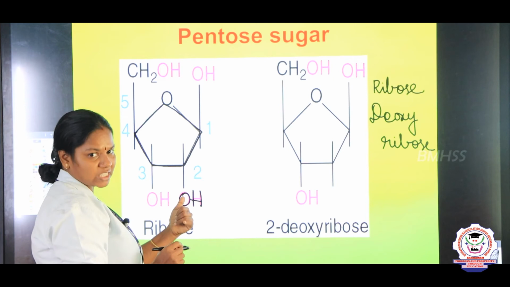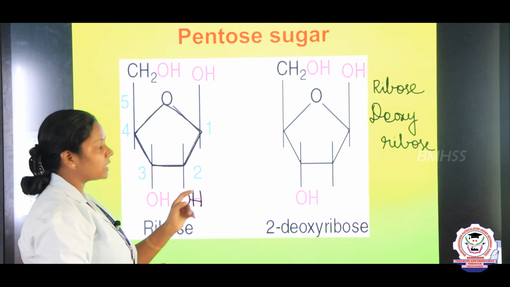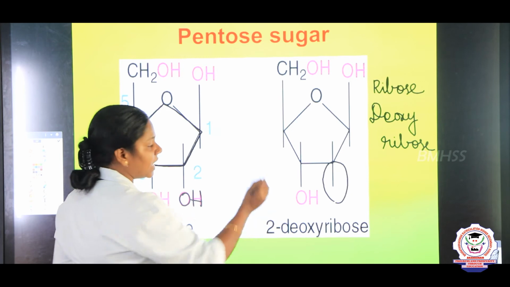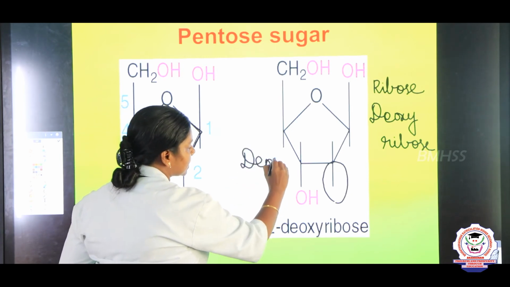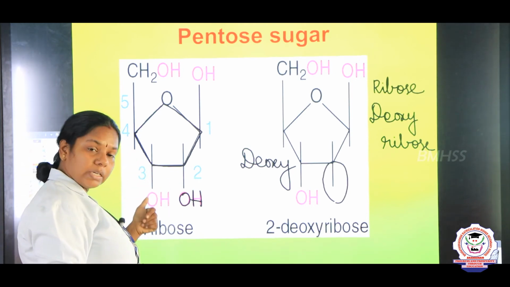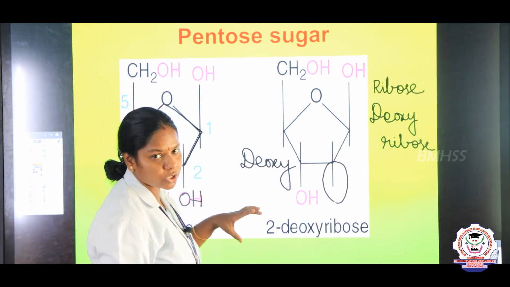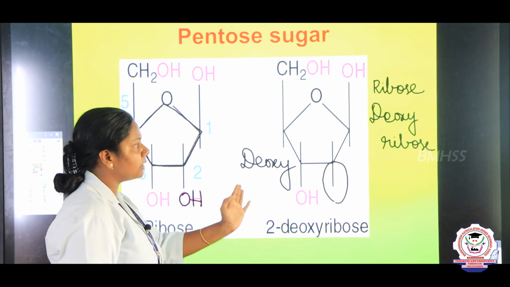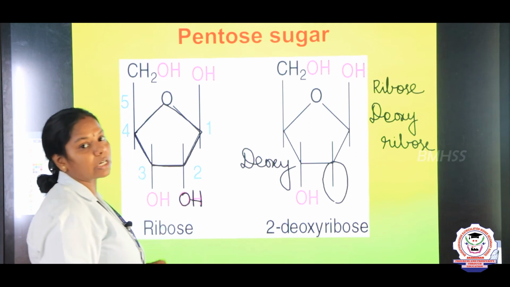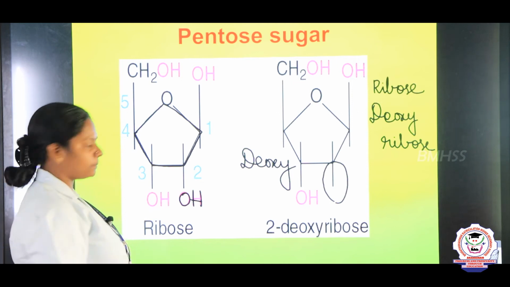In ribose, an oxygen atom is there at the second position, but in deoxyribose the oxygen at the second position is absent, hence we call it deoxy. So this is the main difference, children. RNA contains ribose sugar and DNA contains deoxyribose sugar. The only difference is that at the second position DNA has one oxygen atom less compared to RNA. Hence it is called deoxyribose sugar.